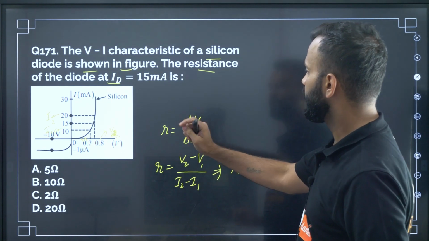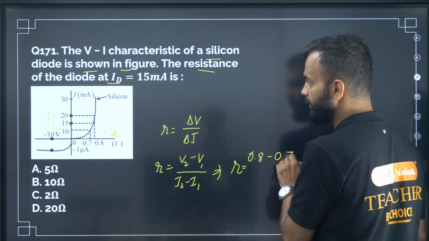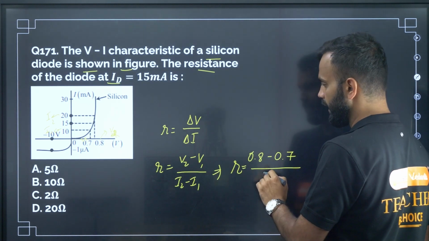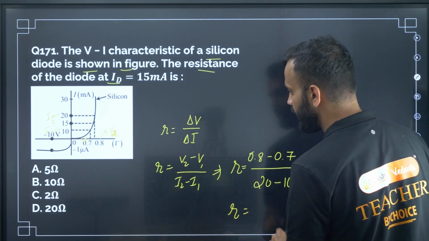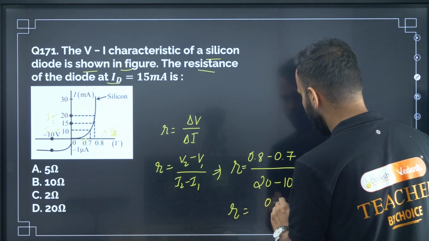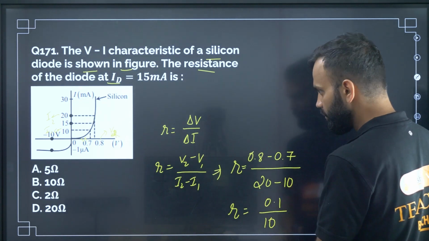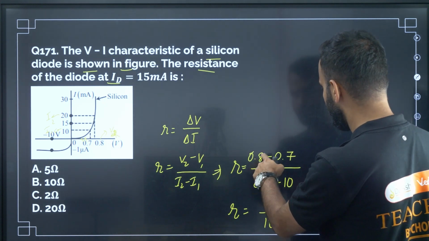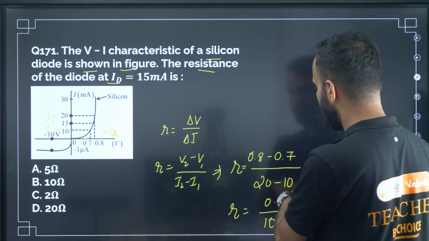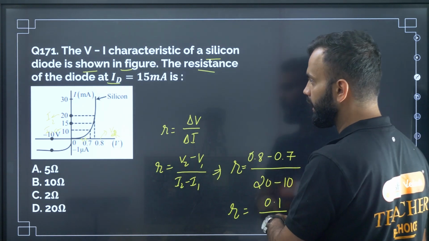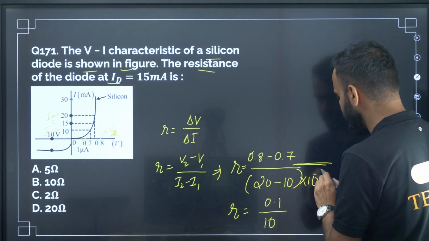So what is the value of V2? V2 is 0.8, minus V1, which is 0.7, divided by I2 minus I1. I2 is 20, I1 is 10. So R equals 0.8 minus 0.7, that is 0.1, divided by 20 minus 10, in milliampere, so 20 minus 10 into 10 to the power minus 3.